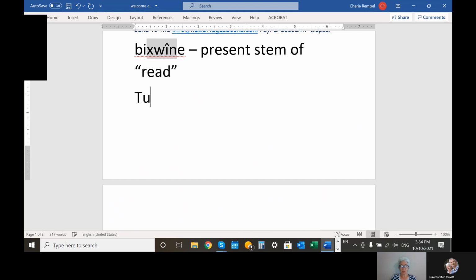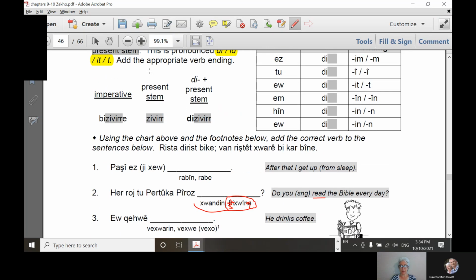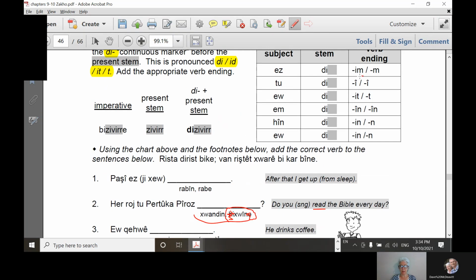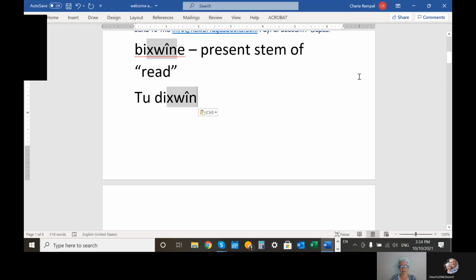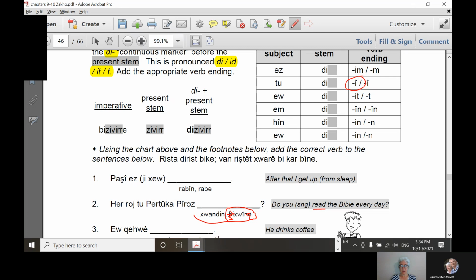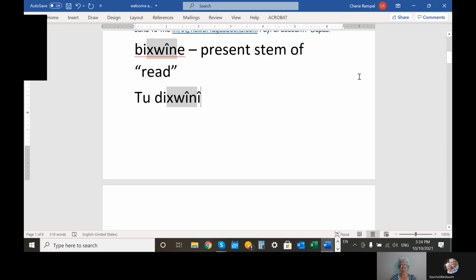So we take 2, we put the di, then we add the queen, and then we add the verb ending, which the only verb ending available is I with a hat. 2. Harosh tu pertukapirus de quini.